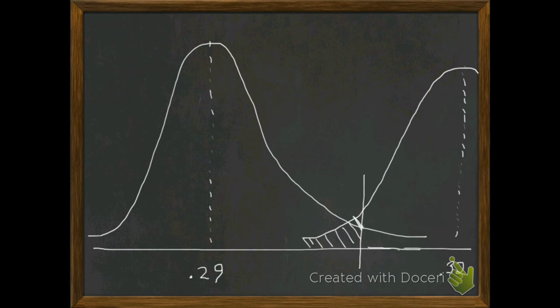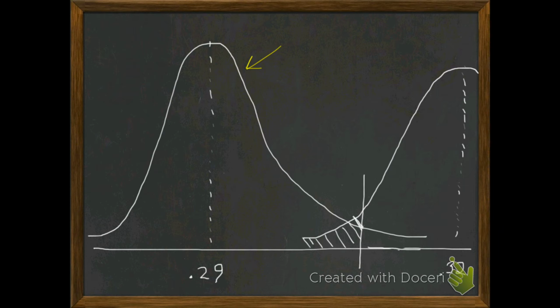Now, before we go any further and start doing a lot of calculations, let's come in here and put in blue or yellow what area under the curve we are going to calculate for beta. Well, first of all, the calculation has to be made in this distribution because that's the true distribution.